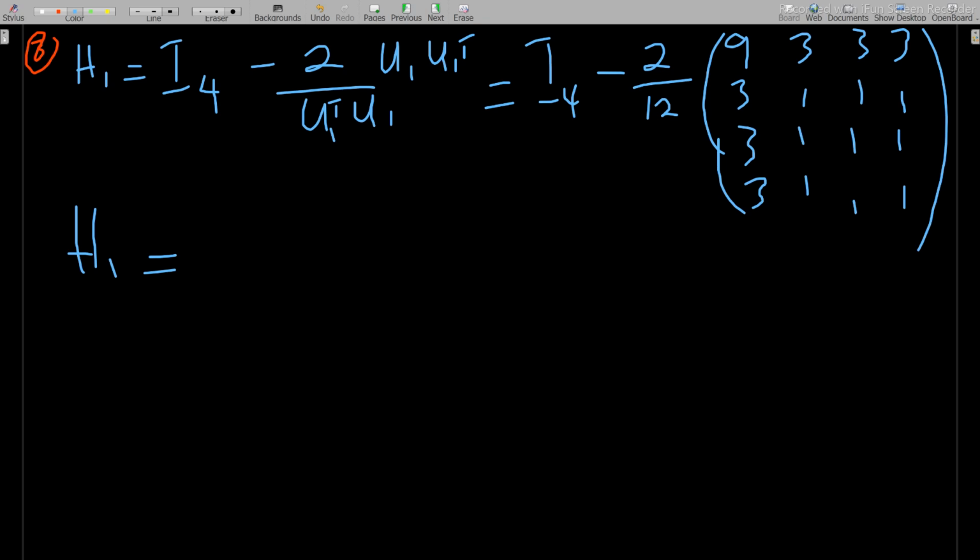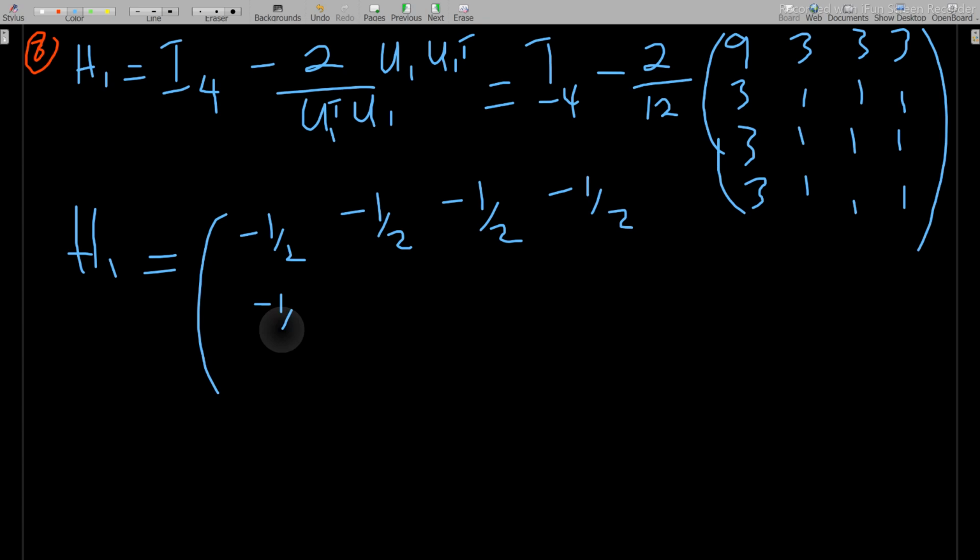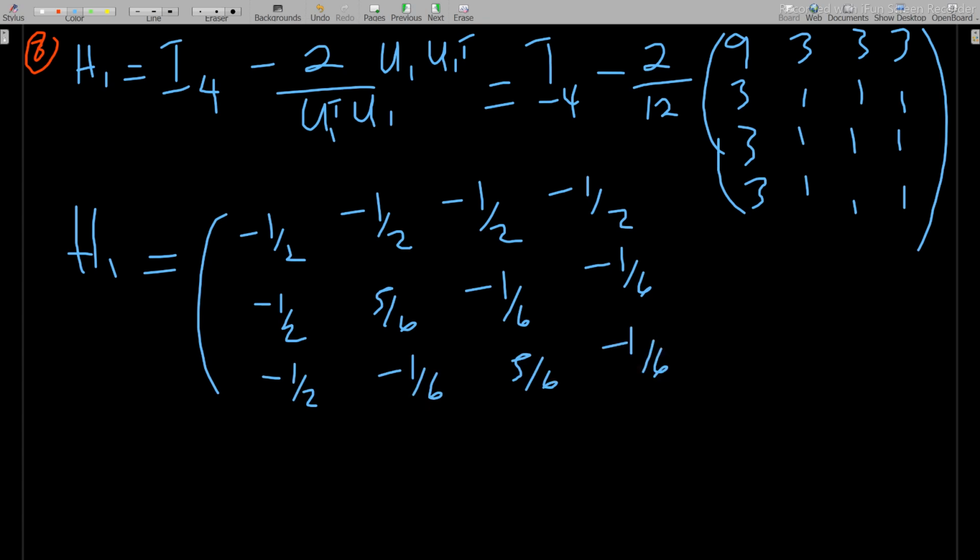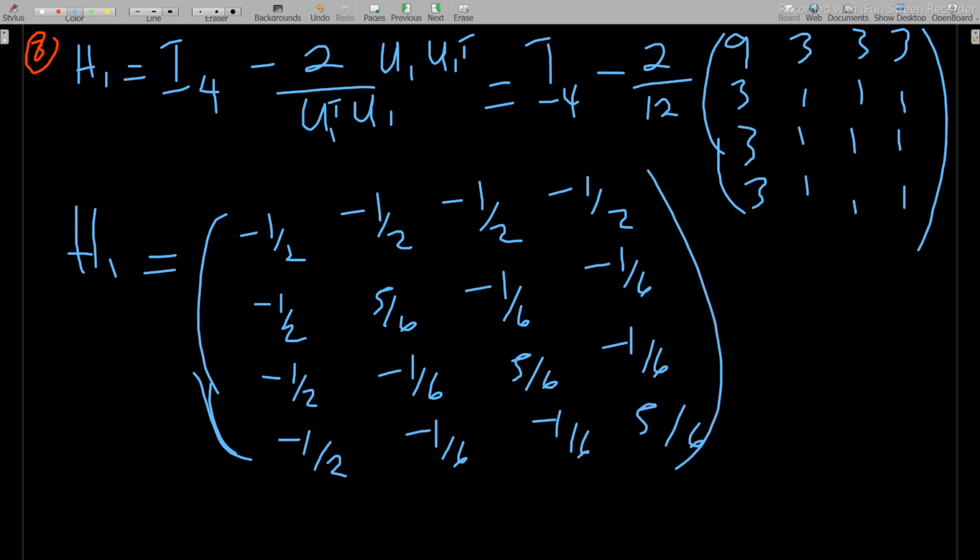Then you subtract this matrix from it, and you will get H1 to be: negative half, negative half, negative half, negative half; then 5/6, negative 1/6, negative 1/6; negative half, negative 1/6, 5/6, negative 1/6; and the last row is negative half, negative 1/6, negative 1/6, and 5/6. So this is the last row.